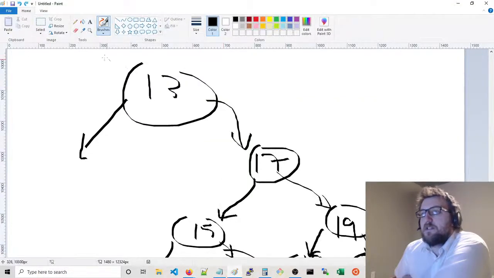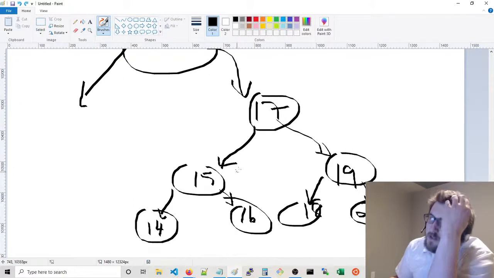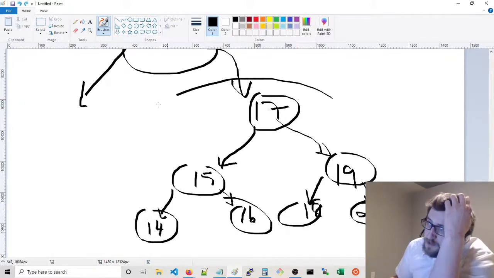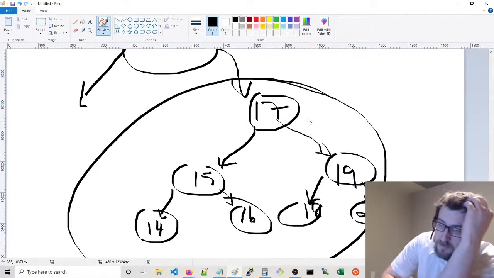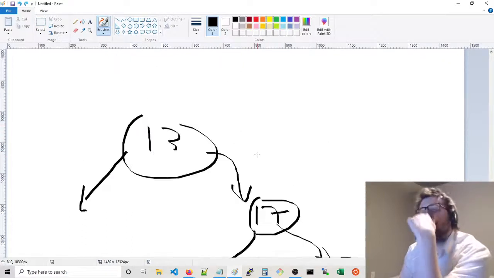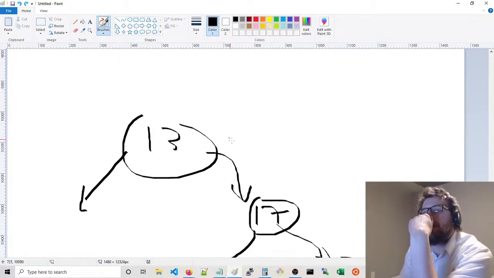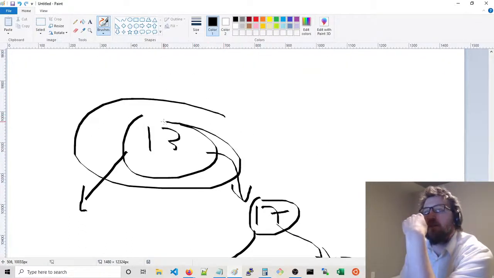So basically, we kind of want to fit as many nodes as we can into the right subtree, without generating another parent.